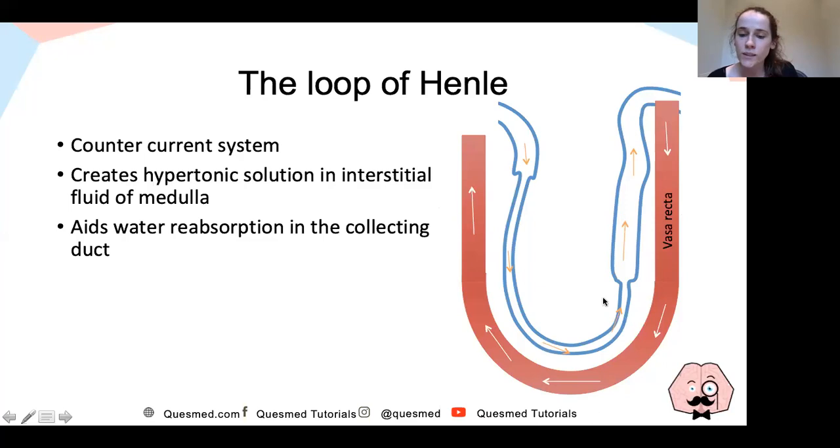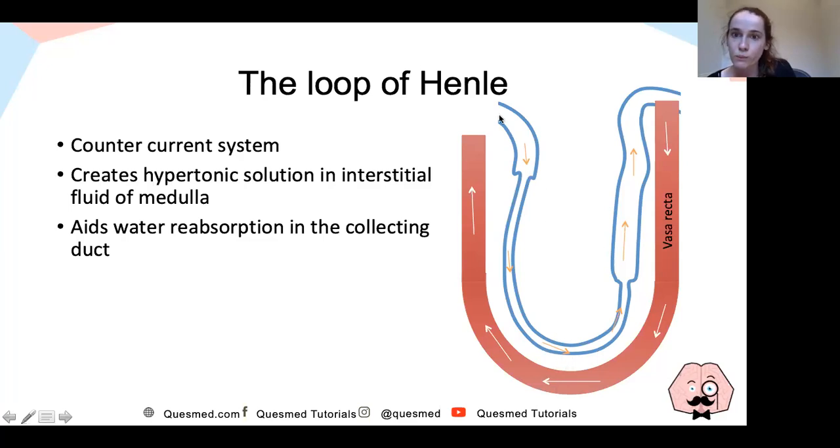Because we're constantly moving the blood and the filtrate around, as we get deeper into the cortex or deep into the medulla, it creates a really, really concentrated solution in the space around the vessels and the nephron. So that's the interstitial space. That becomes a really, really concentrated solution.